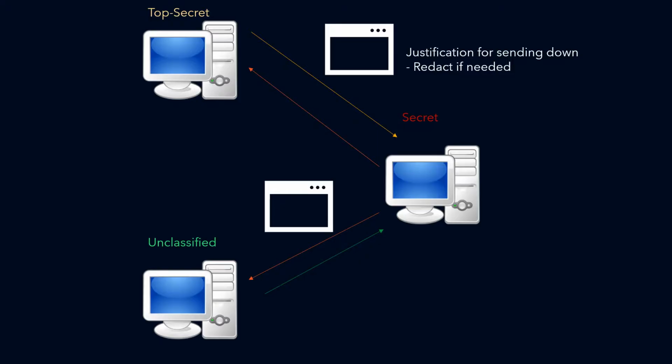Okay, so as I mentioned in the previous slide, it's possible to move data in between these three networks. So say, for example, you received a report from a local law enforcement, and you'll receive that on our unclassified systems.